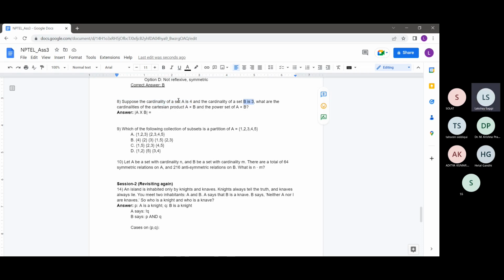So we need to pair up one element from set A with one element from set B, to form a pair of the form A comma B. Since there are 4 choices from set A and 3 choices from set B, in general the cardinality of the Cartesian product will be mod A choices for selection from set A, and similarly mod B choices from set B. So just putting in these values, this will give us 4 into 3, which is 12. Right, guys? So cardinality of A cross B is 12.